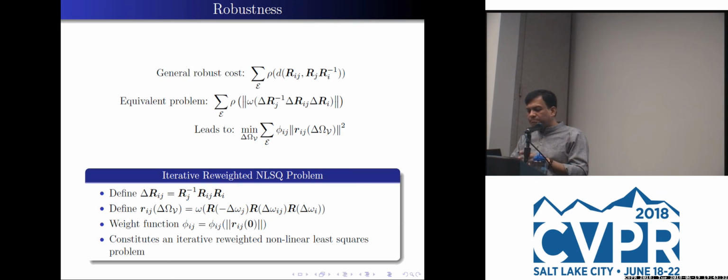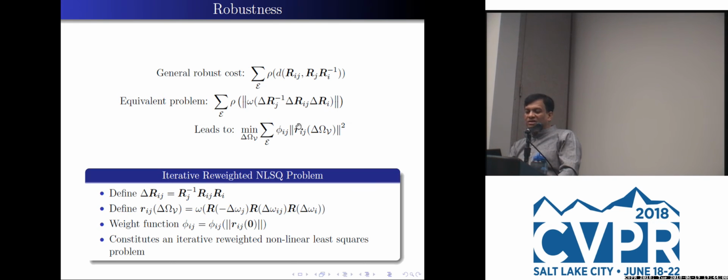Okay, so essentially what we do, I'm going to summarize the work in our paper that was in PAMI 2017. If you're interested in the details, you can look it up. So essentially, we want to minimize a cost function of this kind. In the Lie algebra, it begins to look somewhat like this. At any given step of the iteration, you're looking at the residual fitting error in the Lie algebra.